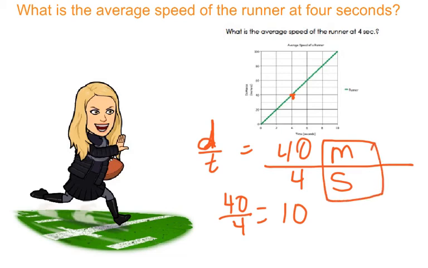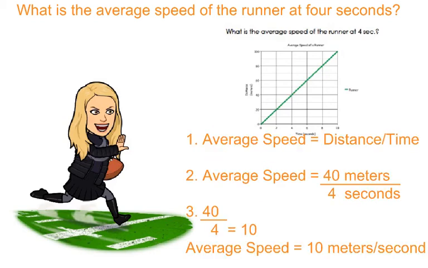Meters divided by seconds is meters per second. Let me again type this up fancier for you so you can read it better. So we have an average speed of 40 meters in 4 seconds, and that gives us 10 meters per second.